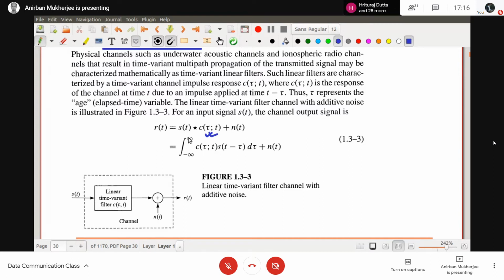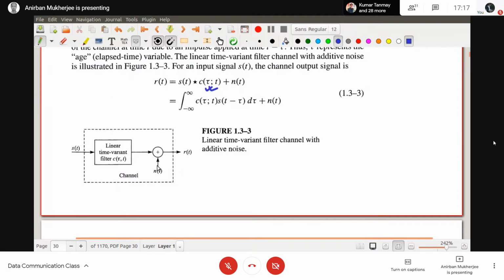This is the basic idea. But linear time variance means no, it is not the same. It depends on your absolute time. This is the basic essence of linear time variant. Anyway, so this is the linear time variant channel, where your r(t) will be n(t) plus s(t) convolved with c(tau, t).